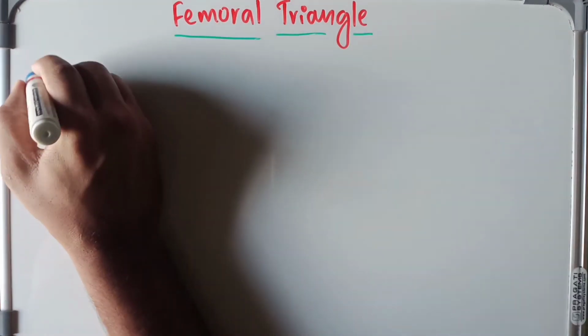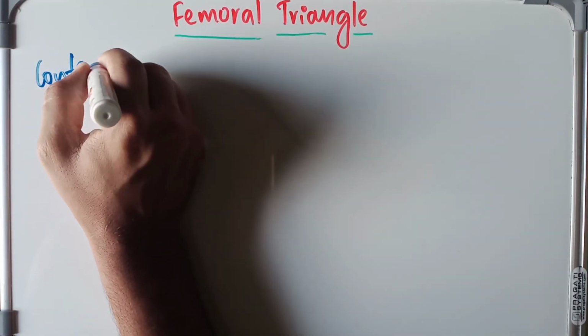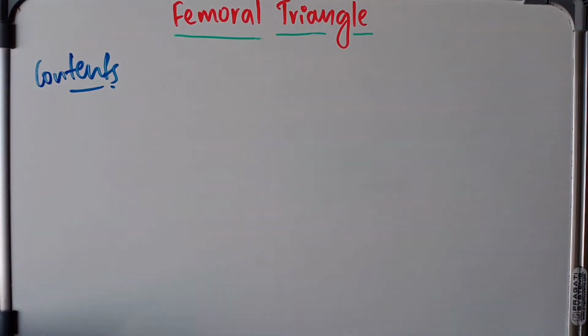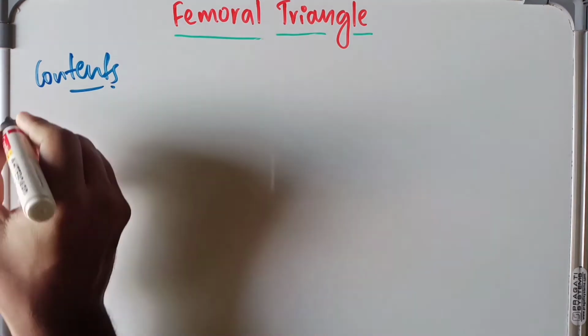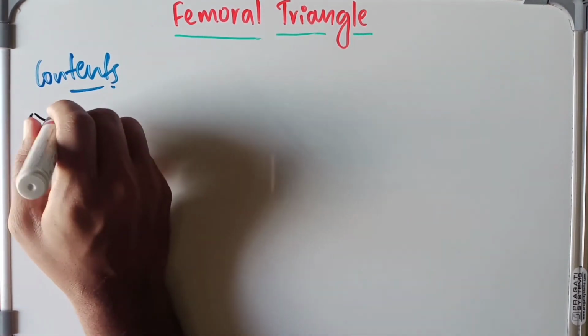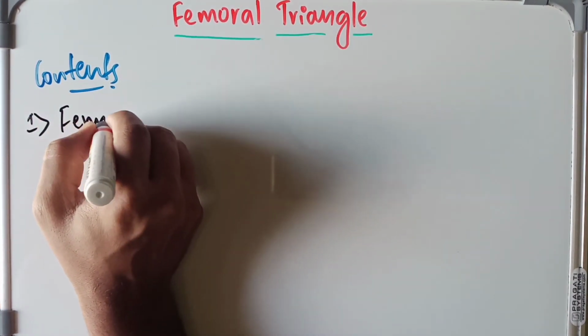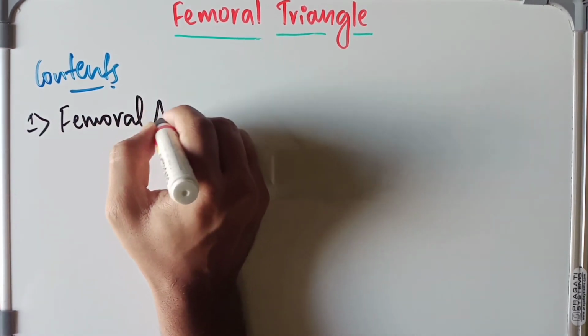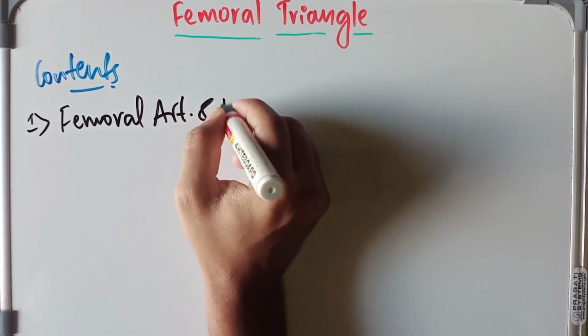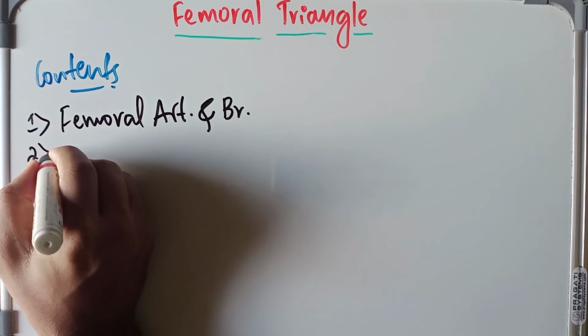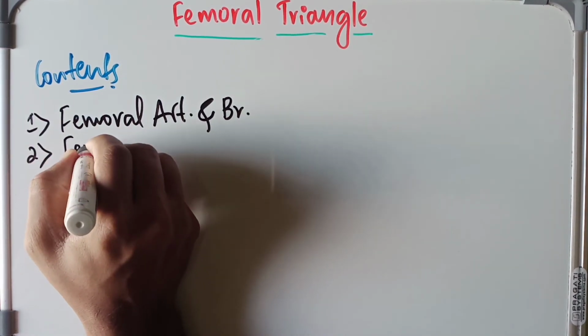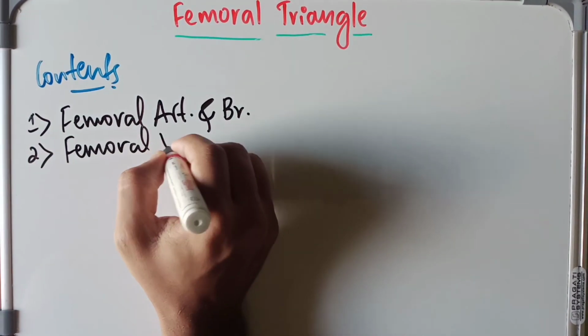So now let's look at the contents of the femoral triangle. What are the different contents of the femoral triangle? Number one, we have the femoral artery and its branches. The second thing, we have the femoral vein and its tributaries.